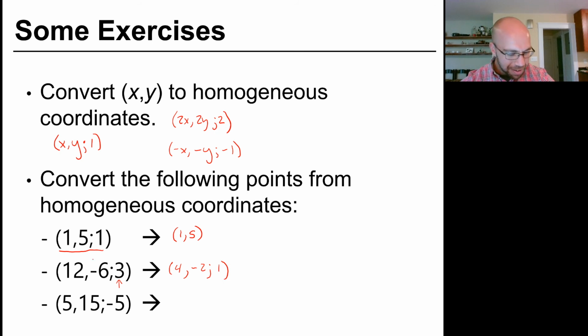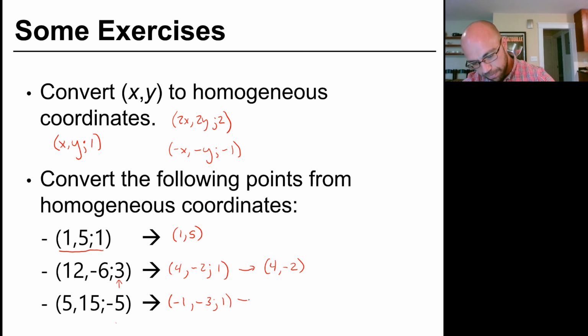These things are equal to one another because remember in homogeneous coordinates I can scale by any scalar that I want. So that leads us to the point 4, minus 2. Similarly here, maybe I scale everything by minus 1/5. Then I'll get minus 1, minus 3, 1, which leads me to the point minus 1, minus 3.